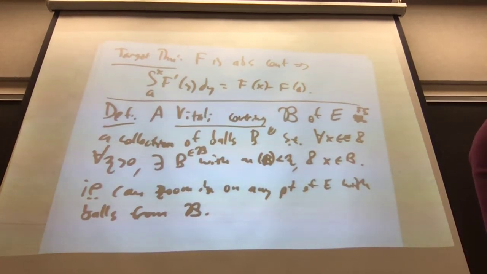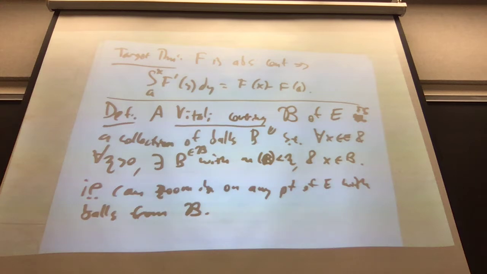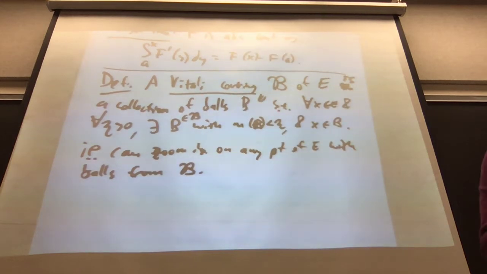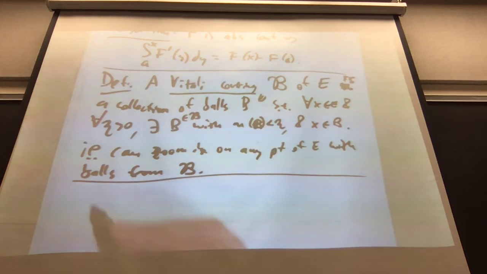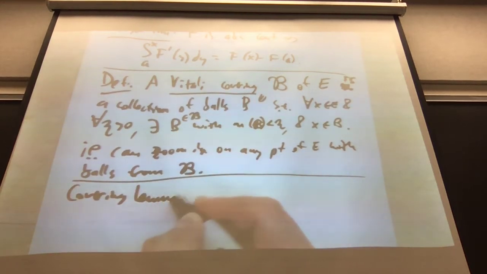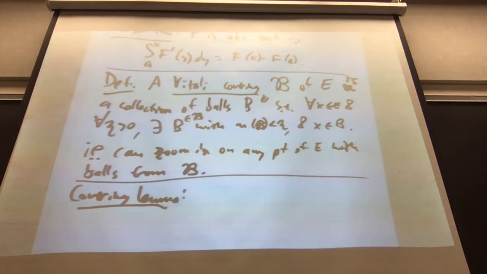So if you have such a thing, now let's specialize to R^d, because I'm going to use a theorem that we proved about R^d in a second. This is for a general metric space as stated. So here's our covering lemma, which says exactly what I just said.